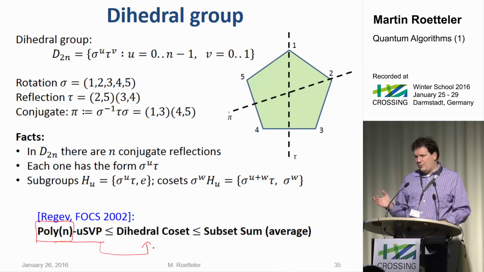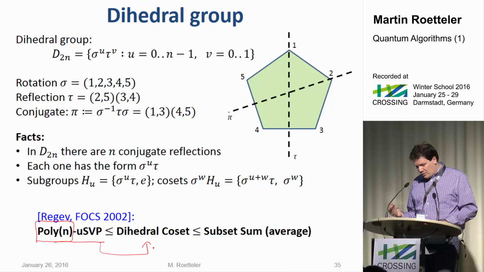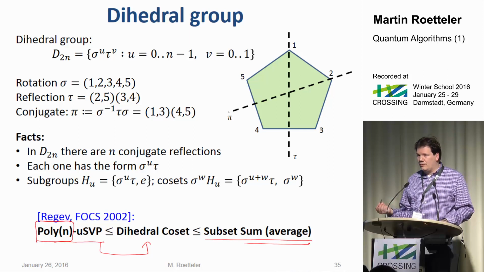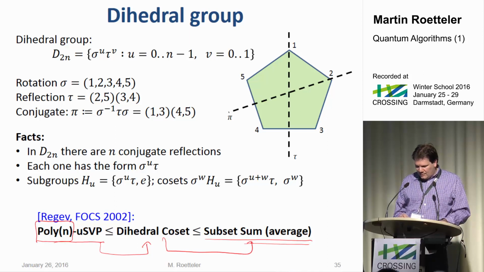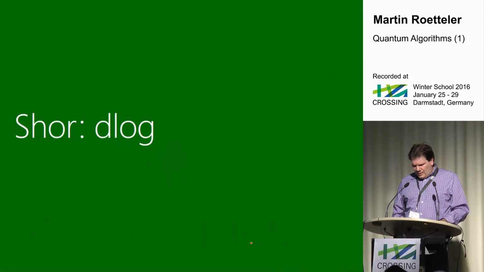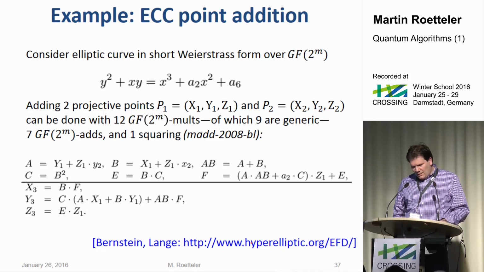So if we had an efficient quantum algorithm, we could solve these instances of SVP efficiently. He also showed that if you were able to solve certain subsets of some problems, and you don't have to solve it in the worst case, average would be enough, you could actually solve the dihedral hidden coset problem.